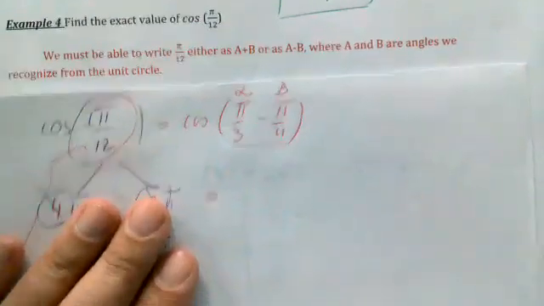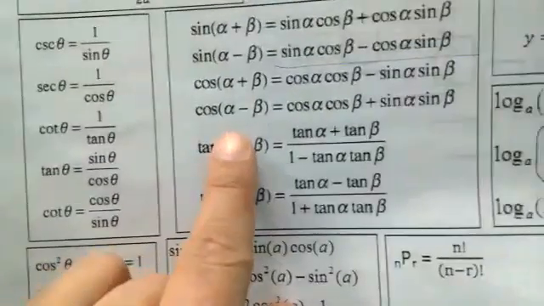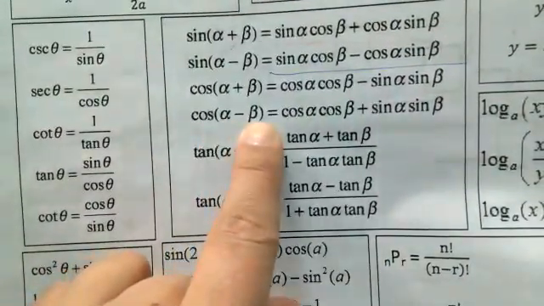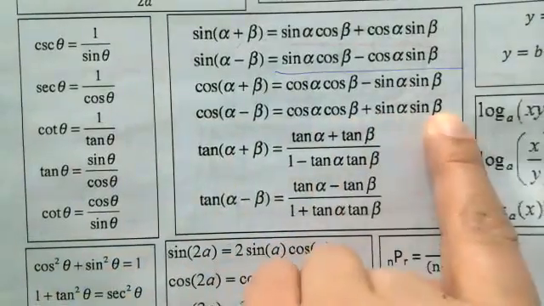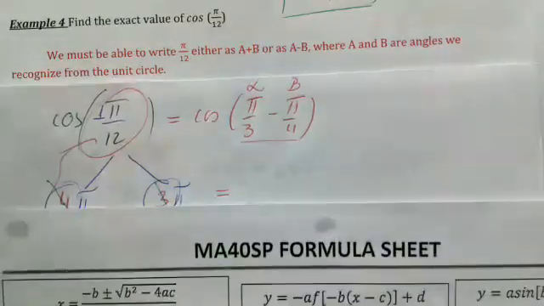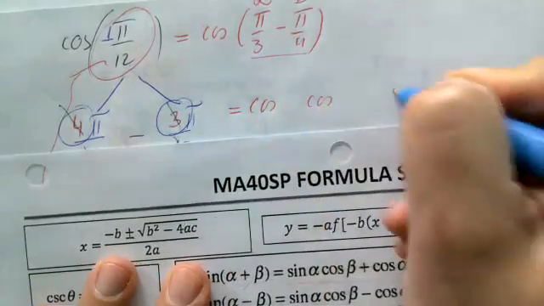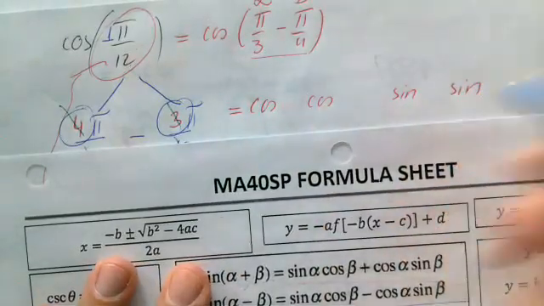You need cosine of the difference of two angles, so you need cosine of alpha minus beta. Cosine pattern is cos, cos, sine, sine. This is how I do it. Cos, cos, sine, sine.